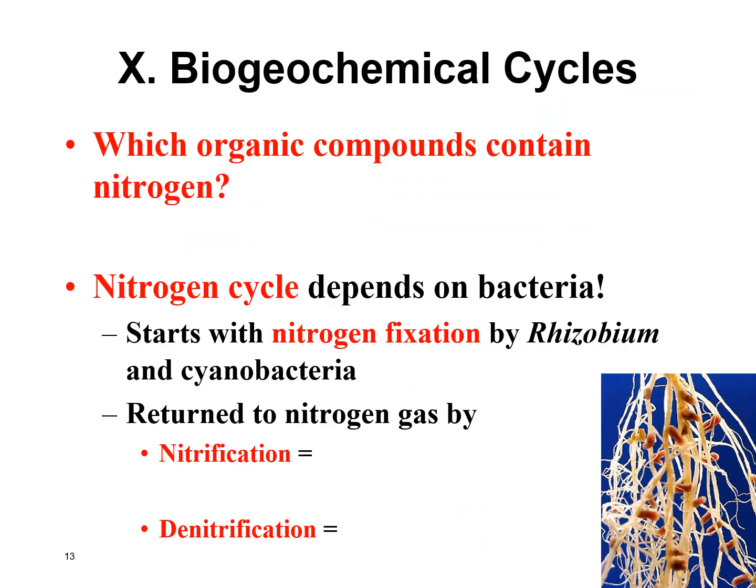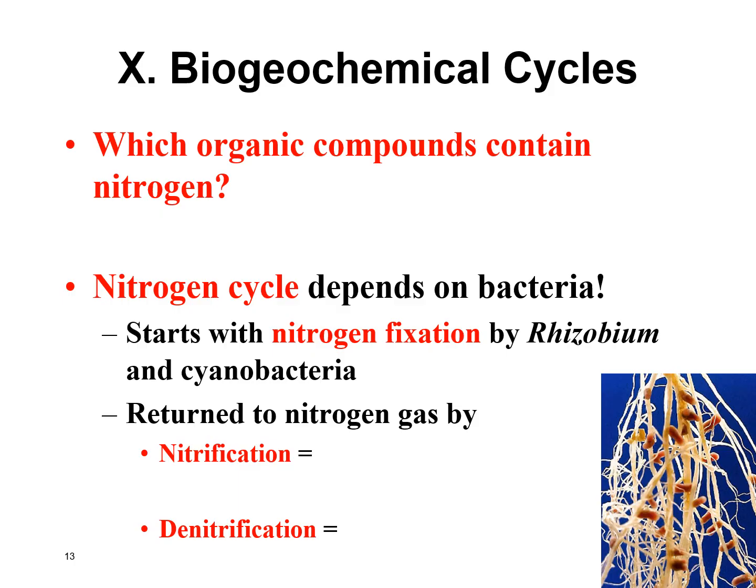Okay, and then there are a lot of different chemical cycles that your book talks about, but I just wanted to talk about one of them, the nitrogen cycle. So let's think about which organic compounds contain nitrogen.